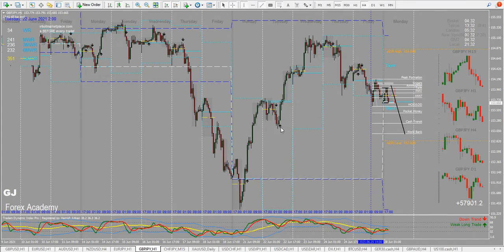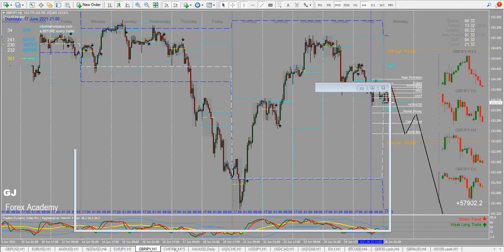And once they have taken out this low, guys, this is what I'll be looking for: to trade back to this zone, then drop to take out the previous week's Monday low. They'll be targeting this area for this week, prior to NFP week.